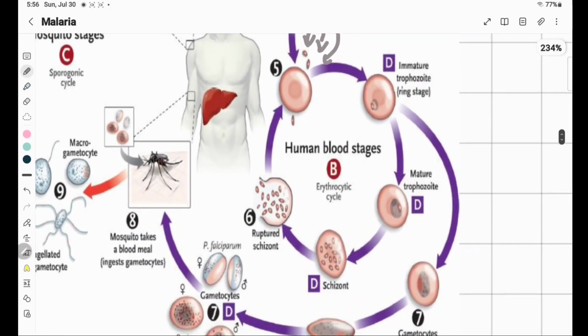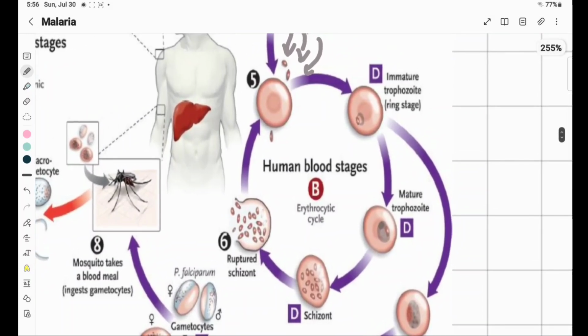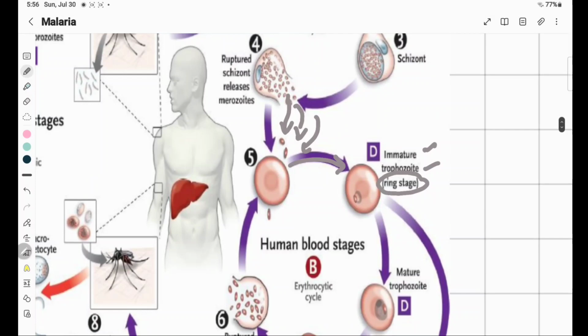Then we enter stage B. That's the erythrocytic cycle. Here, the merozoites are going to then enter the human blood cells, the RBCs. Then from the RBCs, it is going to form an immature trophozoite, which is a ring-shaped structure.